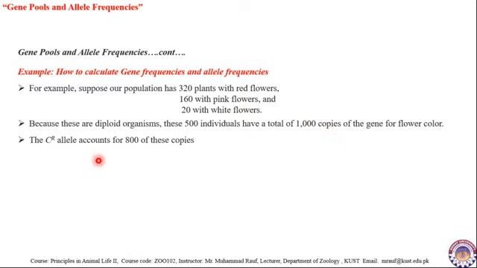Now we will calculate the allelic frequency. The frequency of the allele that determines the red color accounts for 800 of these copies. Now from where did this 800 figure come? It is very simple.